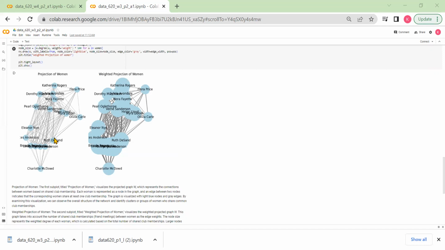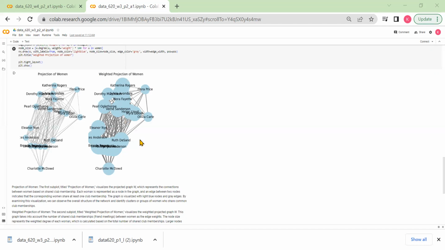With respect to the second subplot, titled Weighted Projection of Women, it visualizes the weighted projected graph W, and this graph takes into account the number of shared club memberships between women as the edge weights.